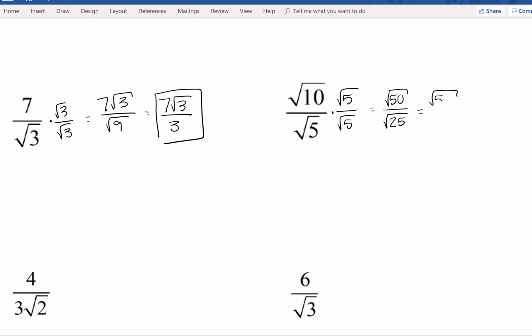Square root of 25 is a perfect square. Now we can actually simplify the square root of 50 a little bit. Factors of 50 that are perfect squares are 25 and 2. The square root of 25 is 5. 5 divided by 5 is 1. So that's just root 2.